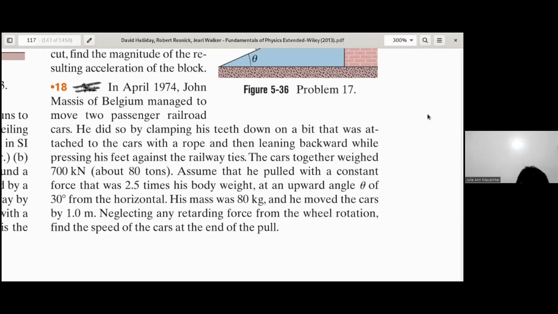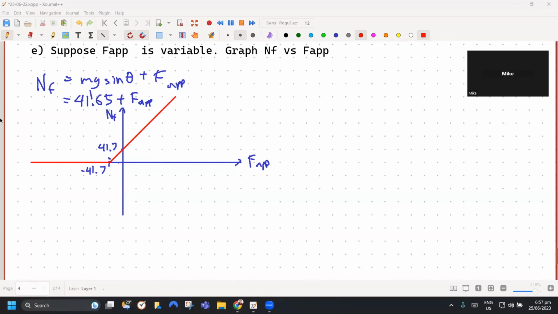Okay, so John Massis, so ganito, draw a free body diagram for the railroad car. So treat the railroad car as a point. Ano forces? And then once you know those forces, ano naman yung... anyway, free body diagram.